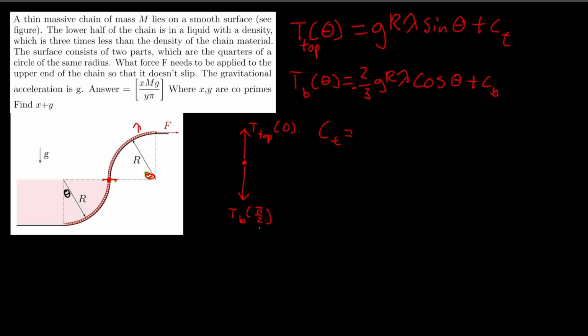And if we set theta equal to pi over 2 for the tension at the bottom, we will have the final tension, which is minus 2/3 g R lambda cosine of pi over 2, plus C_B, minus the initial state, which is 2/3 g R lambda cosine of 0 plus C_B.